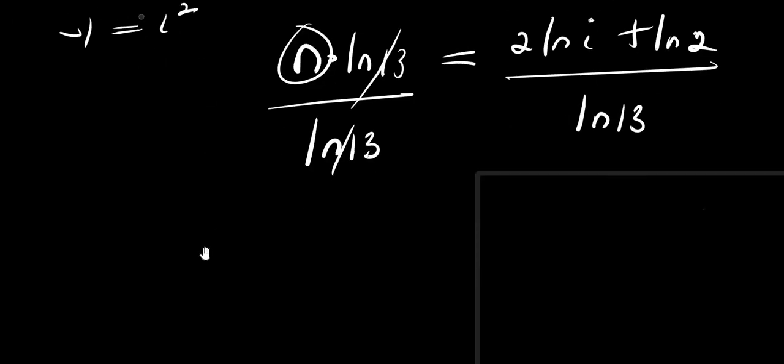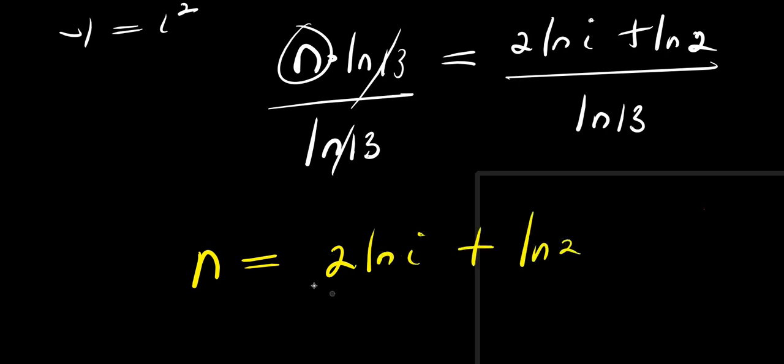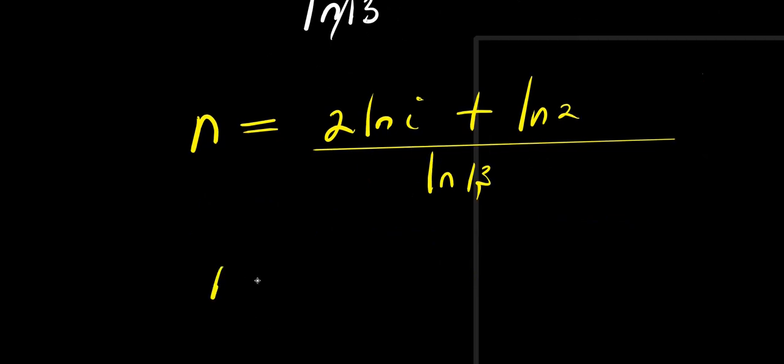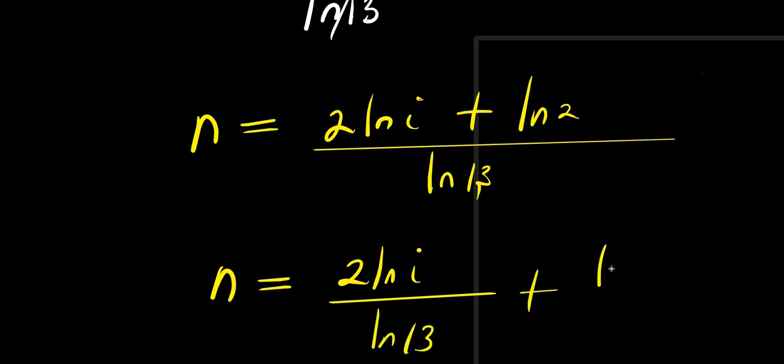So from here, I have n equals 2 times natural log of i plus natural log of 2 divided by natural log of 13. So from here, I can have n equals 2 times natural log of i divided by natural log of 13 plus natural log of 2 divided by natural log of 13.